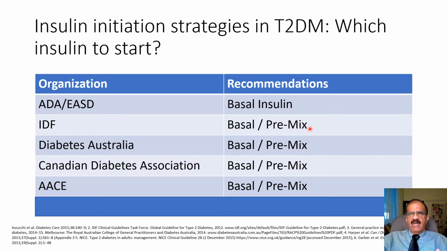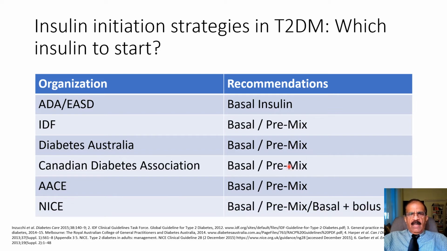I have already explained that pre-mix insulins are actually a combination of rapid acting or short acting with intermediate acting. These will be injected twice a day, and basal is once a day. So according to these societies, basal or premix, either one is acceptable. The NICE guidelines, the British guidelines, say basal or premix or basal plus bolus.